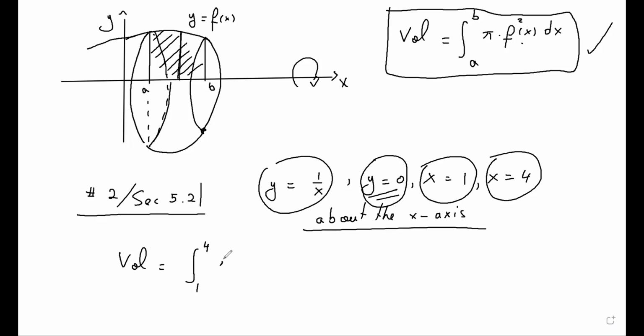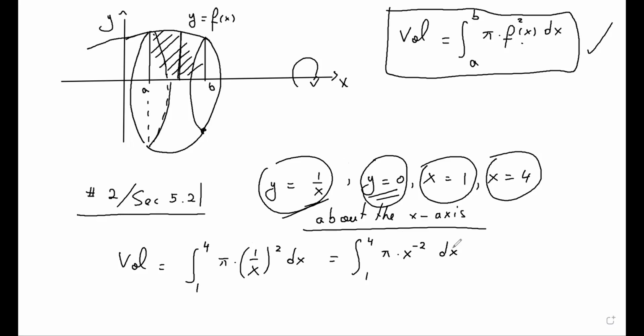So this is going to be pi times f of x, which is this guy here, 1 over x. So 1 over x squared dx, and that's going to be equal to, so we are going to calculate this one, integral from 1 to 4, pi times x to the negative 2 dx.